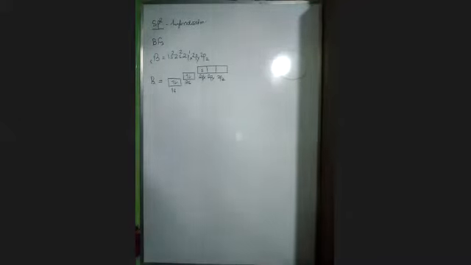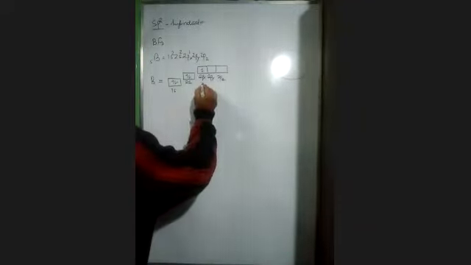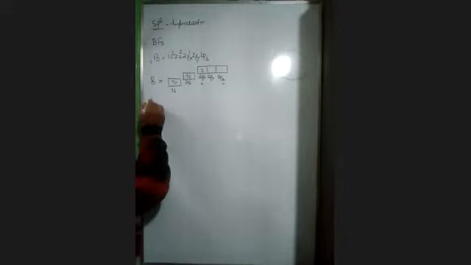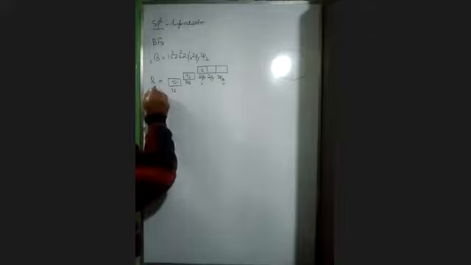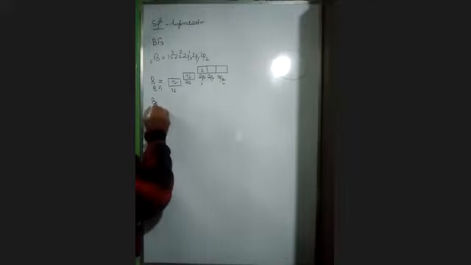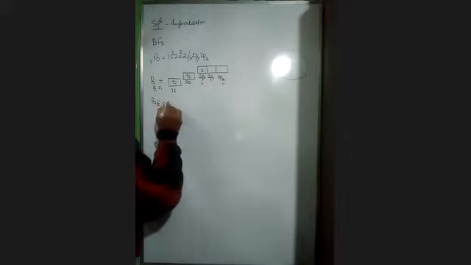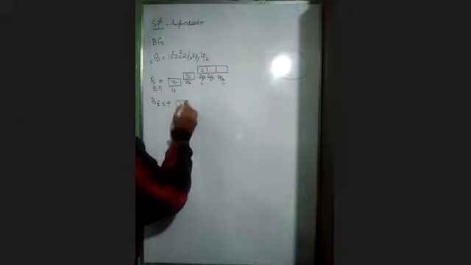See now. We have to take 2 orbitals. So I'll take this and I'll take this. All right. So in that case, this is the ground state, and this is the excited state of hybridization. In this case, what is going to happen now?